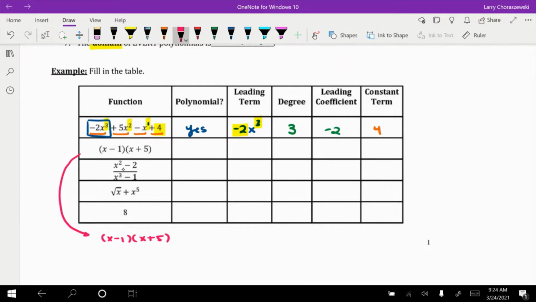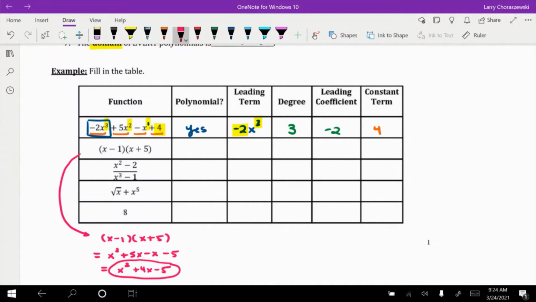Let's see what FOIL results in. All right, so if we FOIL this out, it's x squared plus 5x minus x minus 5. Simplifying, we get x squared plus 4x minus 5. And this would be a rewrite of what's currently in row 2.